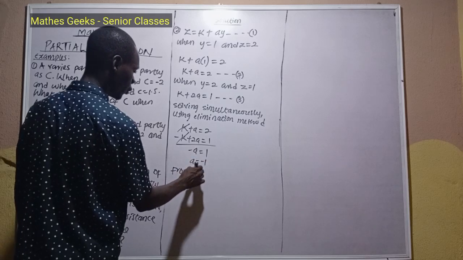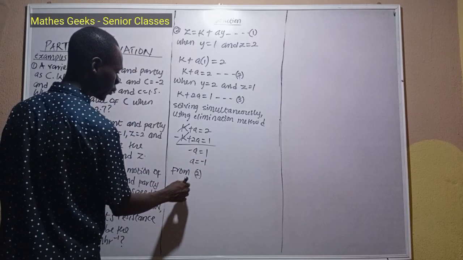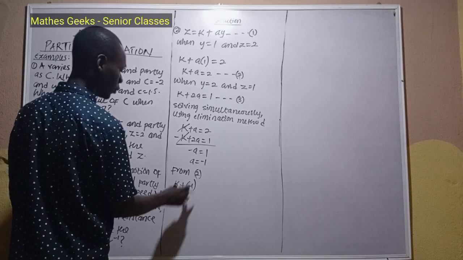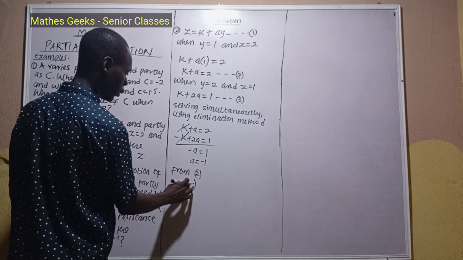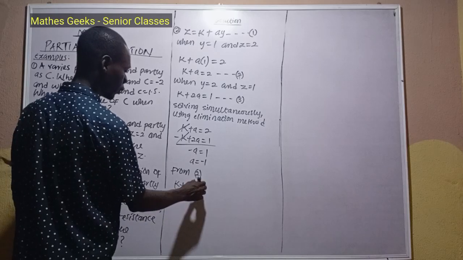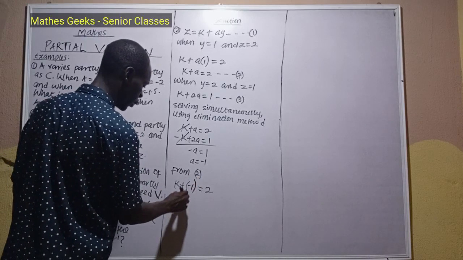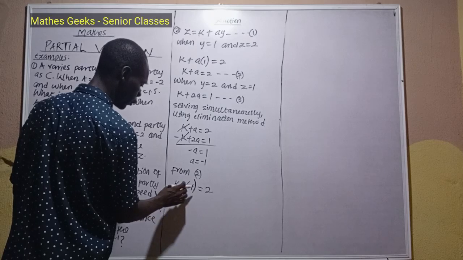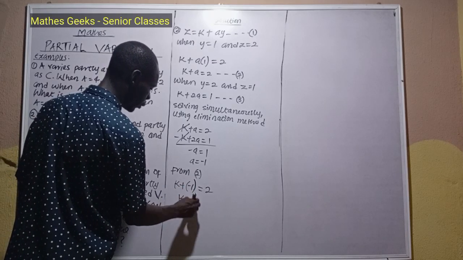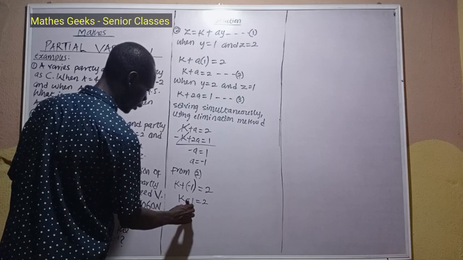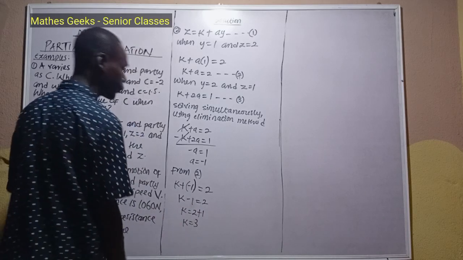From equation 1, k plus minus 1, which is the value of e, equal to 2. So k plus times minus gives us minus 1 equal to 2. So k is equal to 2 plus 1, k is equal to 3.